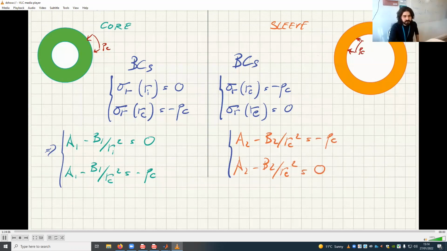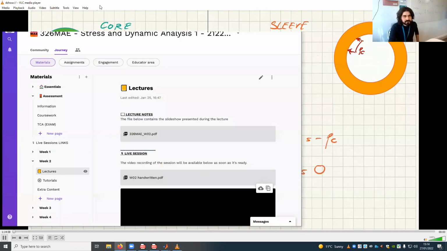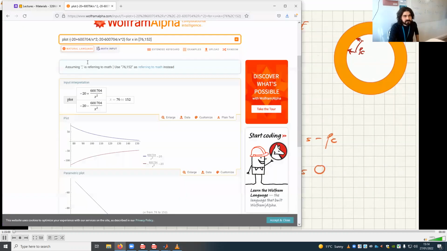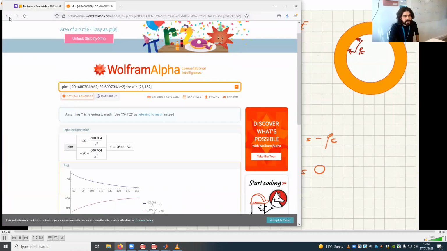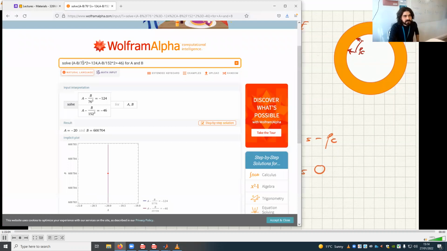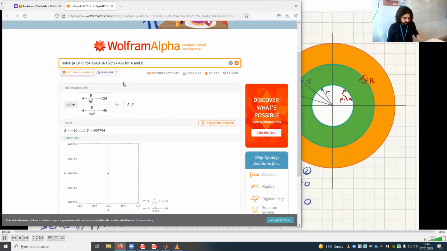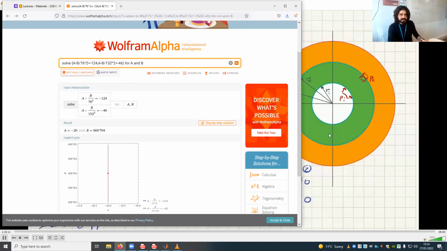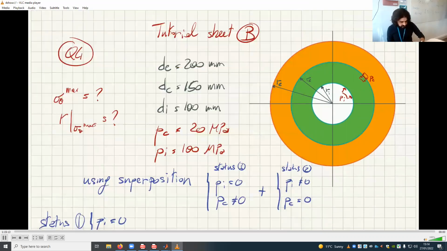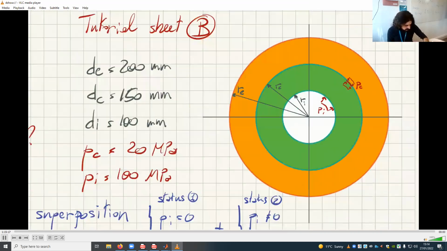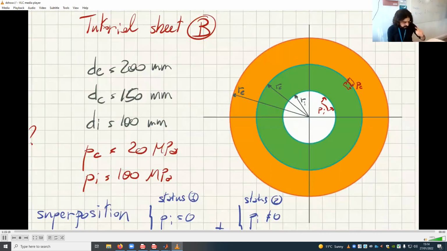Let's solve these very quickly with Wolfram Alpha. Okay, so I have these already. I just have to go back. There we go. So Ri was, I have diameters here, so let me find the radius. So it's 100, 75, and 50.